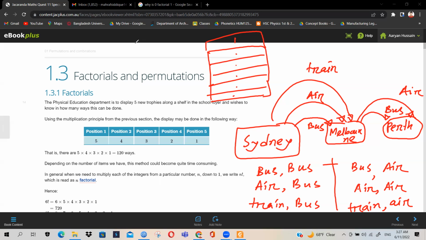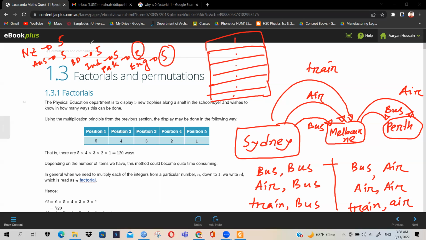Now think in this way: New Zealand plays 5 matches, Australia plays 5 matches, Bangladesh plays 5 matches, India plays 5 matches, Pakistan plays 5 matches, and England plays 5 matches. So in that way, we are thinking there should be a total of 30 matches in this group.